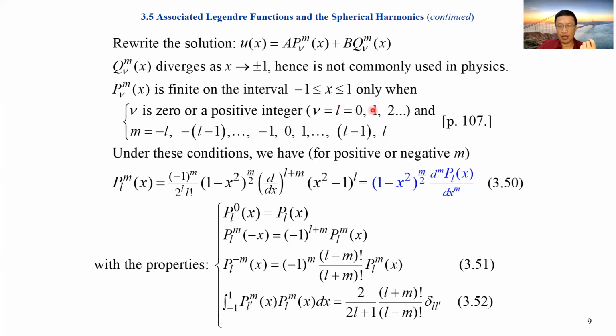If L is 1, m will be -1, 0, and 1. If L is 2, m will be -2, -1, 0, 1, 2. So it looks like the magnetic quantum number. Looks like the principal quantum number. And we have another one, the angular momentum quantum number, and the spin quantum number.